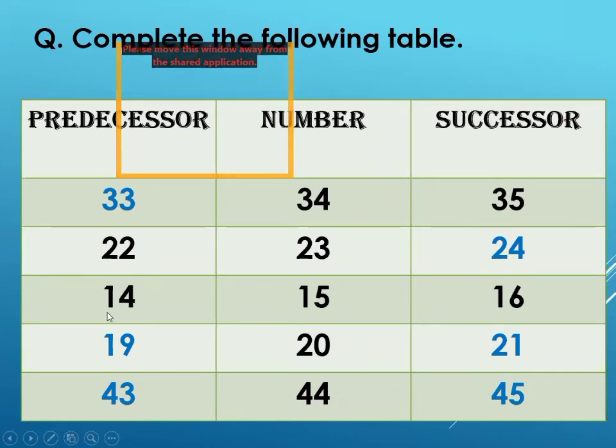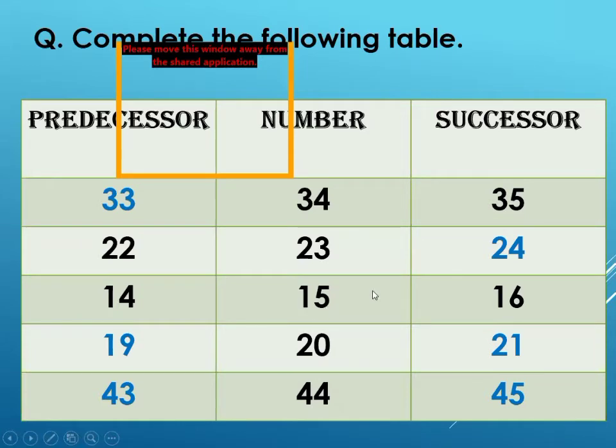Here the numbers given are 14, 15 and 16. The number is 15. We have to find the predecessor of 15 and the successor of 15. To find the predecessor number, we subtract 1 from 15. 15 minus 1 is equal to 14. So we write 14 in the predecessor column.